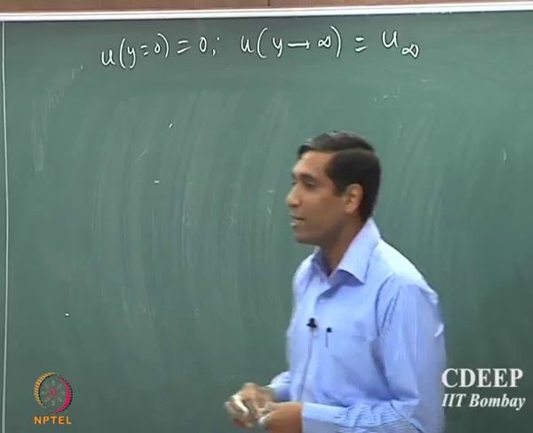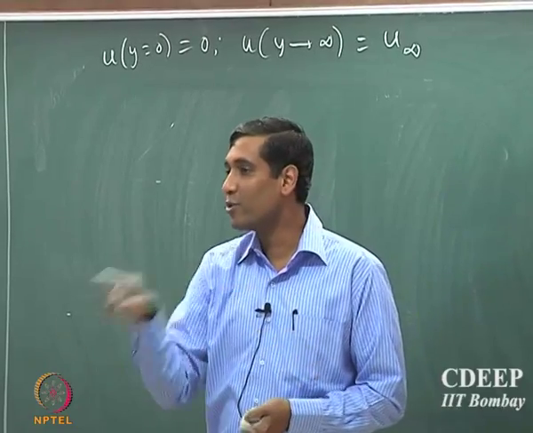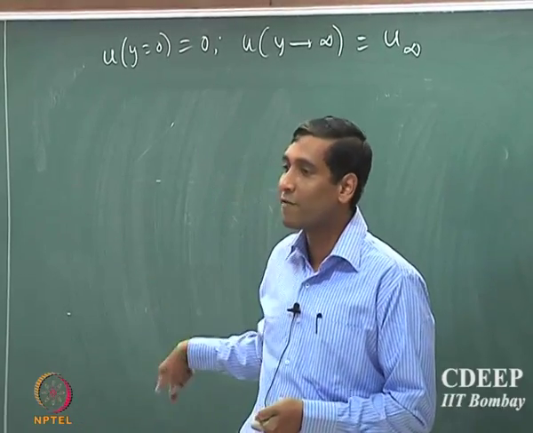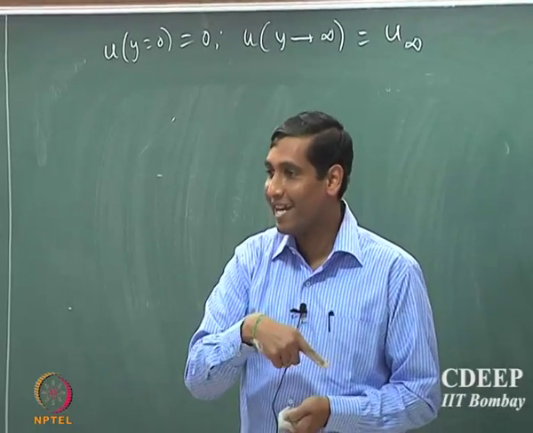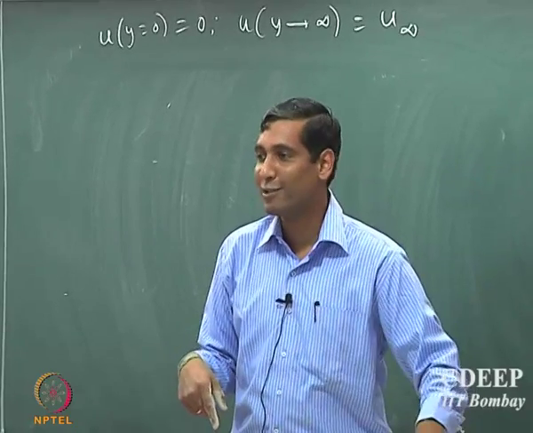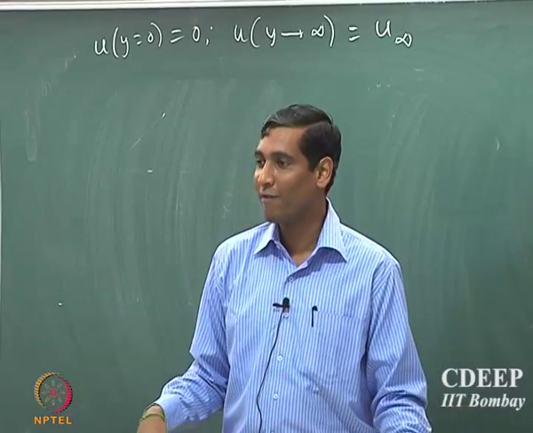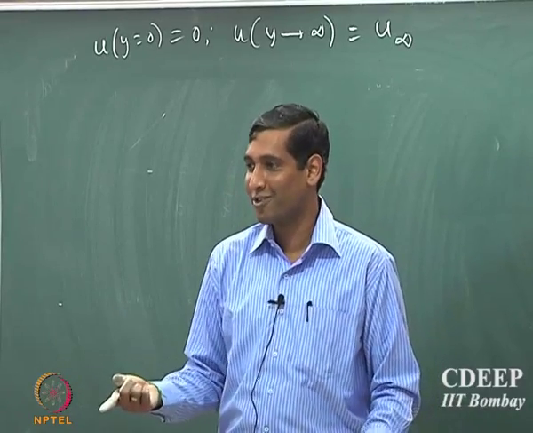No, but see, boundary conditions are not based on the solution that you would get. You have to use the correct boundary condition based on what is the physical problem. The solution comes later. You never write a boundary condition for finding a solution. You first find out what is the correct boundary condition and then you go and find a solution. That is not a correct approach.